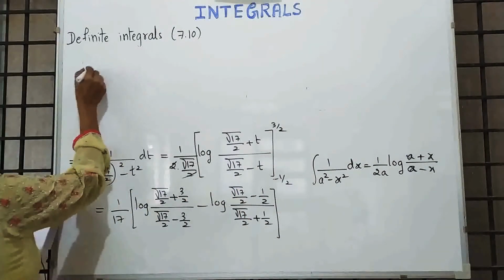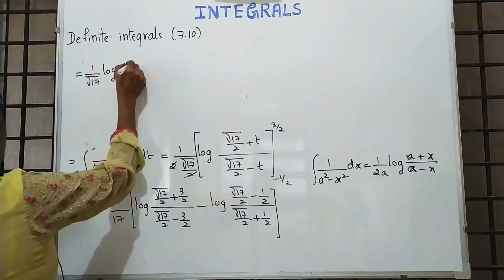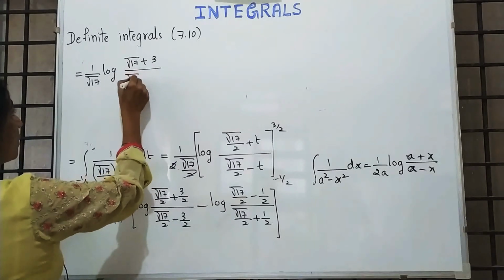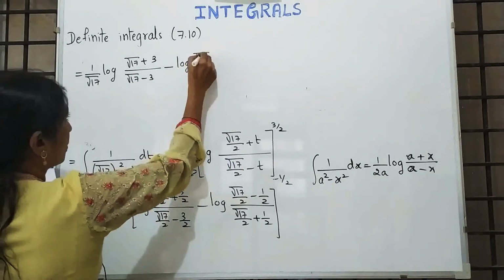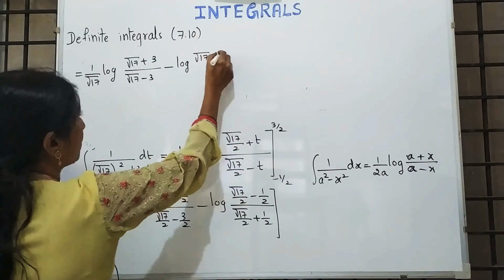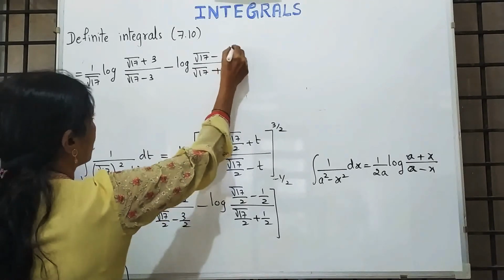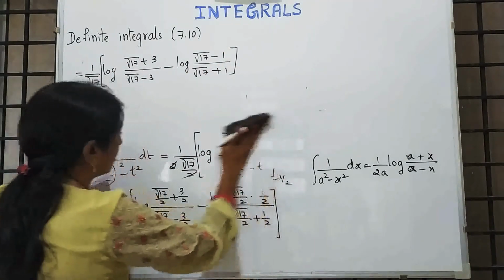1 by root 17 log of (root 17 plus 3 upon root 17 minus 3) minus log of (root 17 minus 1 upon root 17 plus 1), and they are in the form of log m minus log n.